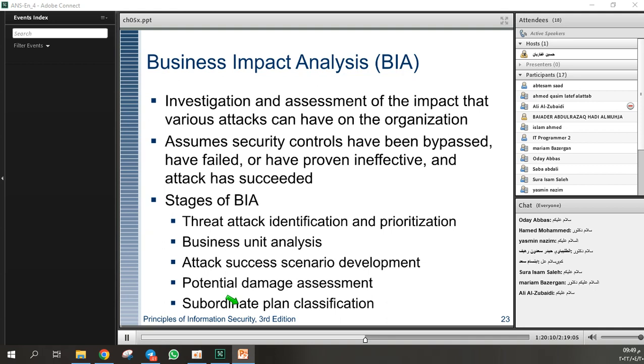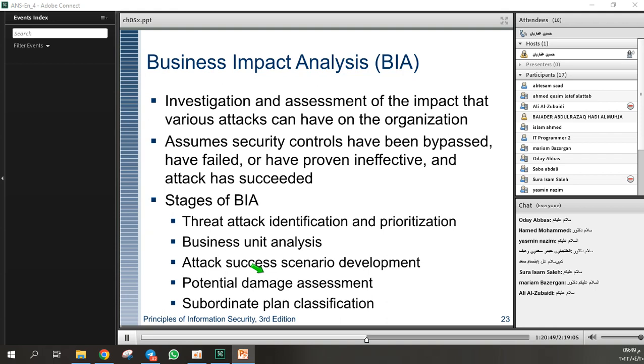To do this, we have 5 different stages. Firstly, I should identify the attacks and prioritize them. Second, I should analyze the business units. Third, I should develop some attack success scenarios. Fourth, I should assess the potential damage.